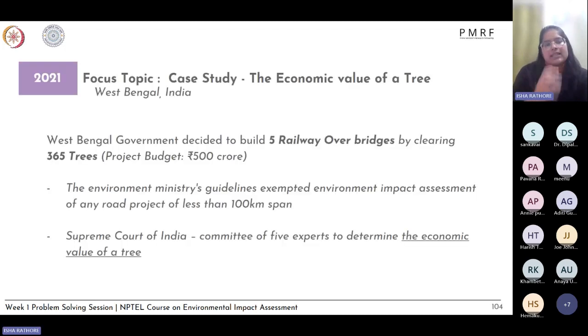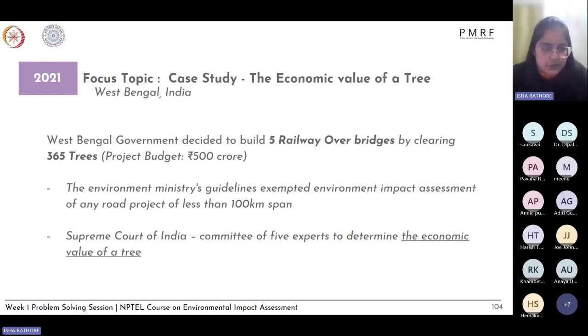Okay, so now this is the economic value of a tree, and this is a case which happened in 2021 in West Bengal, India. The West Bengal government decided to build 5 railway overbridges. These are bridges which are over the railway tracks, and they wanted to build these overbridges by clearing 365 trees, and the project budget was 500 crore rupees. The Environment Ministry guidelines exempt environmental impact assessment of any road project of less than 100 kilometer span.